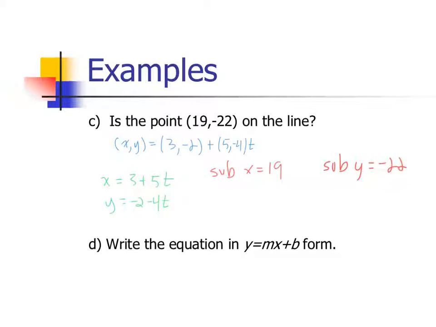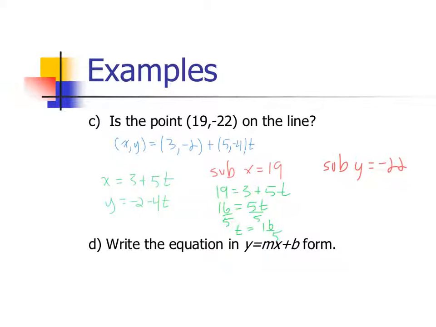We get 19 is equal to 3 plus 5t. Solving that, subtracting 3 from both sides, we get 16. Dividing both sides by 5, we get t is 16/5.